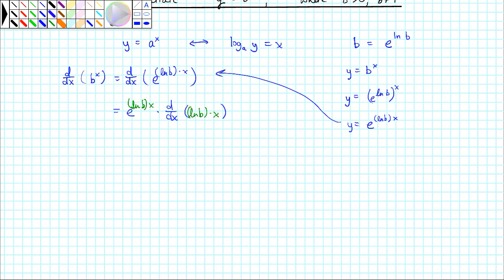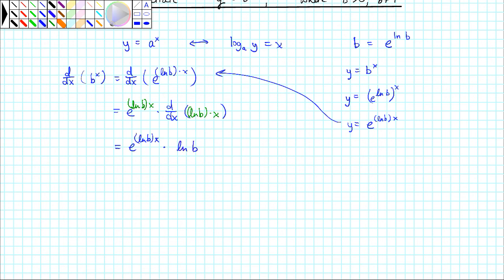So we have e to the ln of b times x times the derivative of that, which is just a constant times x, so the derivative is that constant, ln of b.